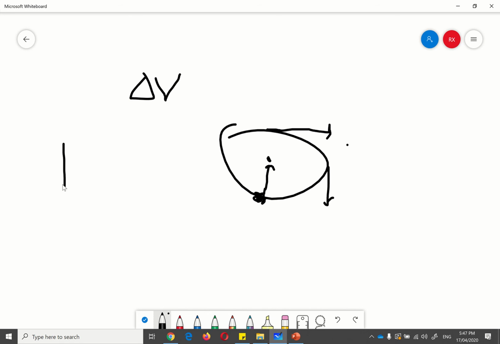Now what we do here is we draw the final as a vector and we draw the initial as a vector and we write this out. And the next thing we do is we change the direction of this vector and flip this to a plus. So now it's easier to visualize it. And the next thing we do is we simply add the vectors together. Pretty simple, head to tail, like that.